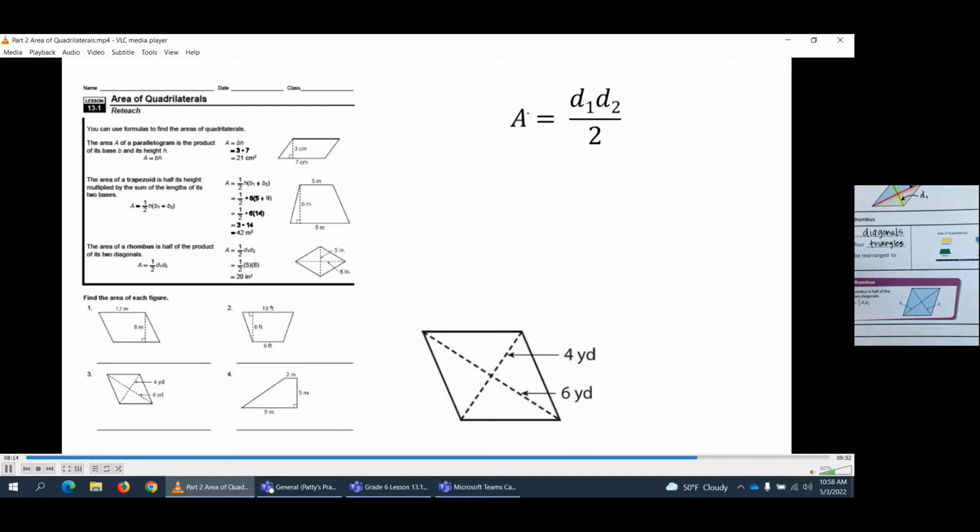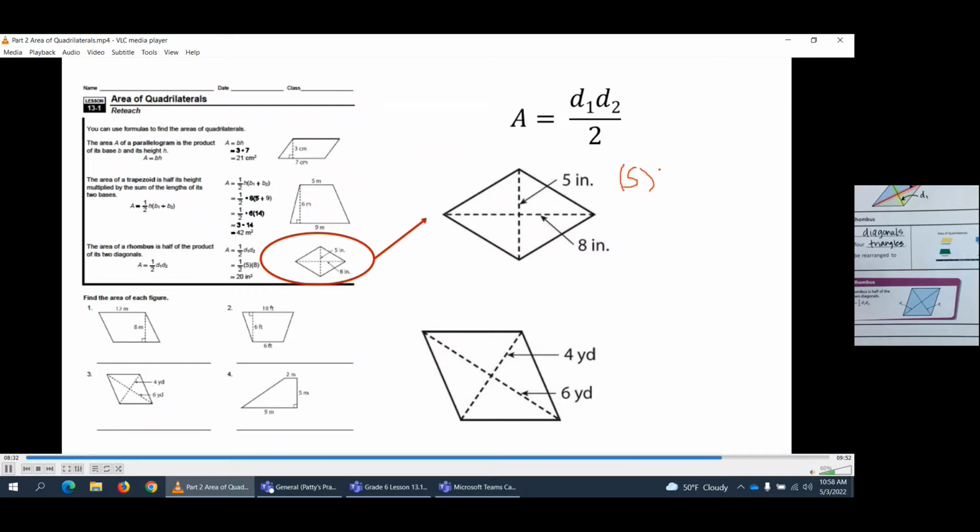Here is the formula, area equals D1 times D2 divided by 2. We're going to do this one first. We'll do this one after, okay? Here's the first one. 2 diagonals, okay? We're going to take, it doesn't matter which one's D1 and which one's D2 because the properties say we can mix those up. So we're going to go 5 times 8 divided by 2.